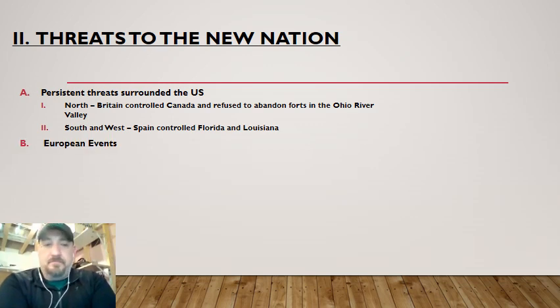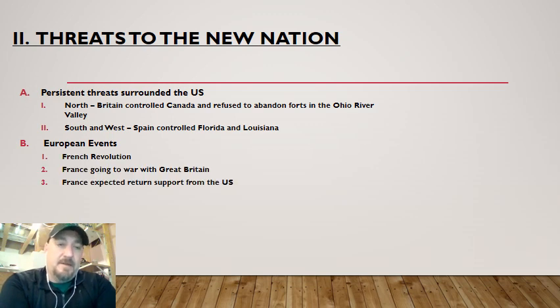So there's also some events going on in Europe that are going to push the development of the U.S. foreign policy. A big one being the French Revolution, and we've spent some time talking about that. There's going to be that push to include the common person in France, overthrow of the monarchy, and France is going to push that beyond their own borders.